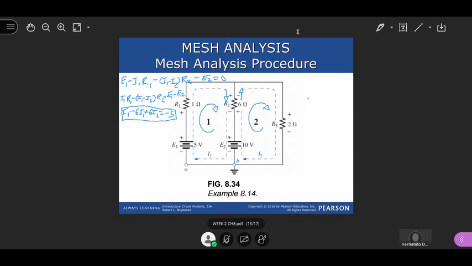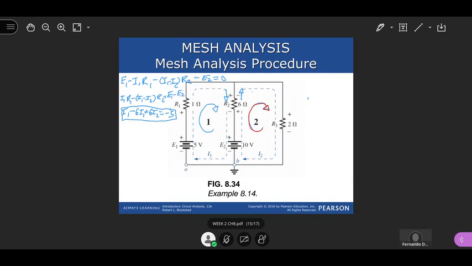Let's do now I2, right? Which is this one here. So I2, I go the same thing. I go into a star at B. I will go this way, and end at B again.